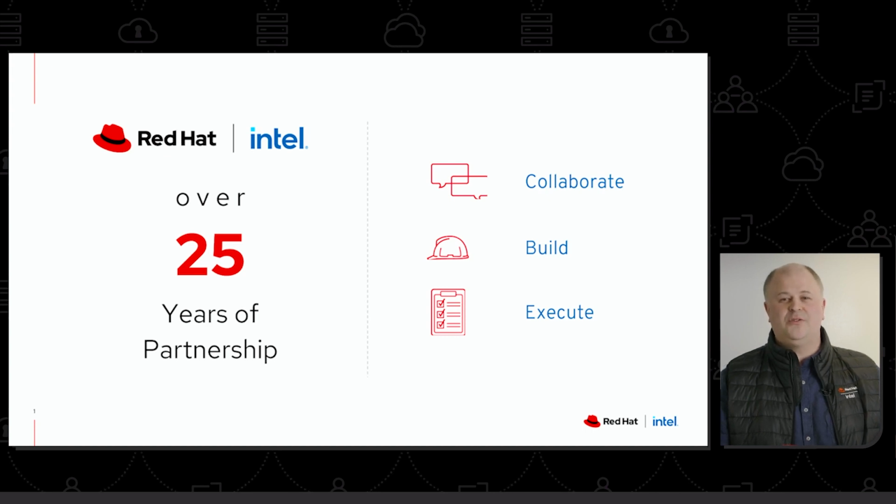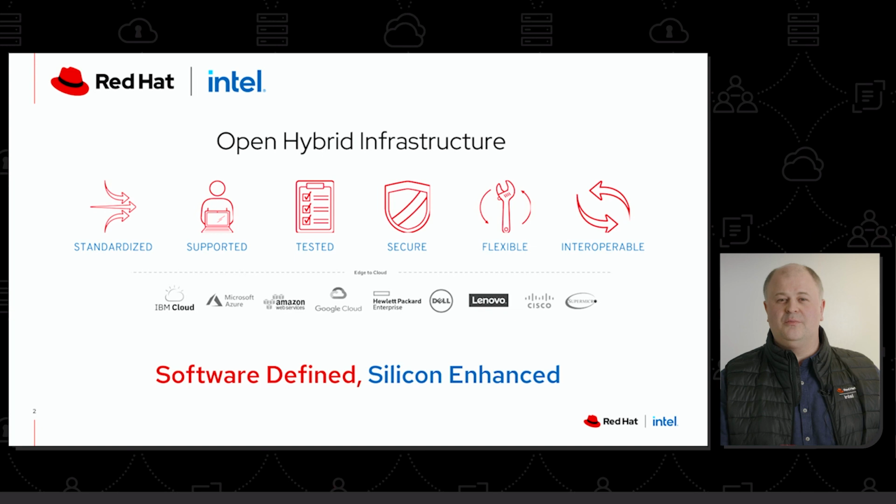Our joint solutions are built on open platforms with enterprise-grade, open source software and x86 architecture from edge to cloud. Red Hat and Intel solutions are supported by a strong ecosystem and are tested and validated before being certified or deployed in the Red Hat marketplace.